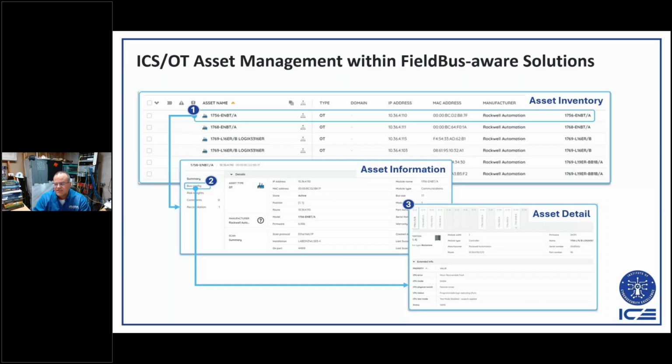Ralph Langner's organization, and then the goal is to be able to pull this information and then pull up what is happening below, because they are field bus aware and can interrogate or investigate those systems, and then they can give you what that bus config looks like, along with the modules across that backplane, right? So this is an asset inventory, drilling into the asset information and then getting to the asset detail.